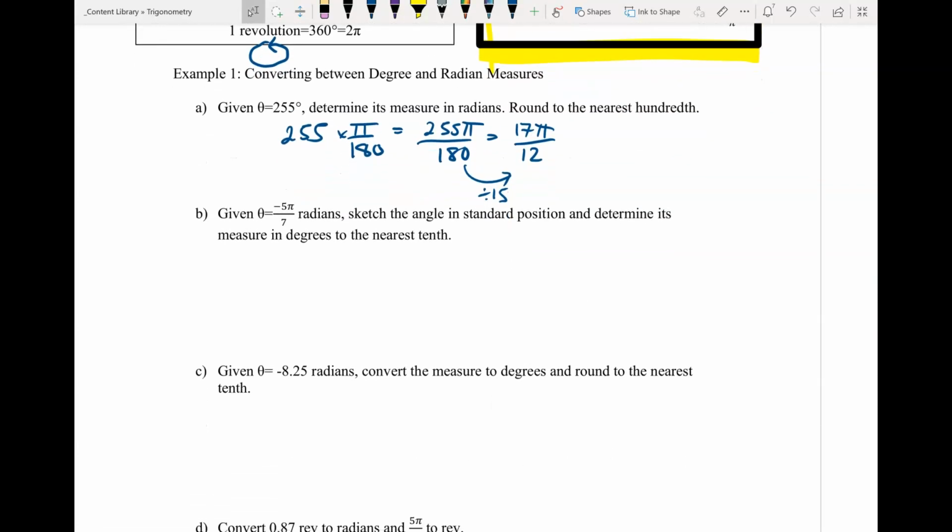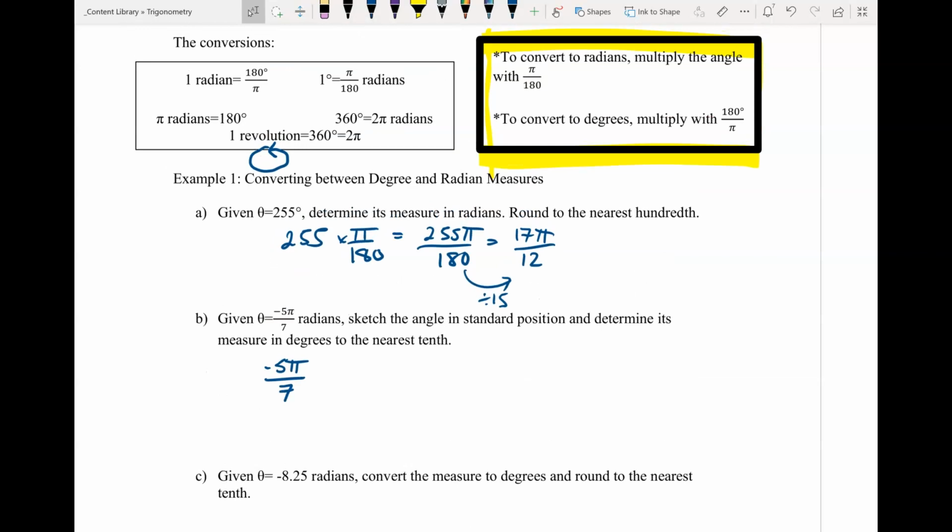Moving on to the next example, we are given an angle in radians and we want to convert it into degrees. Again, looking at our boxed in area with our rule, it says to convert to degrees, multiply by 180 degrees over pi. You can see that the pi is going to cancel out.